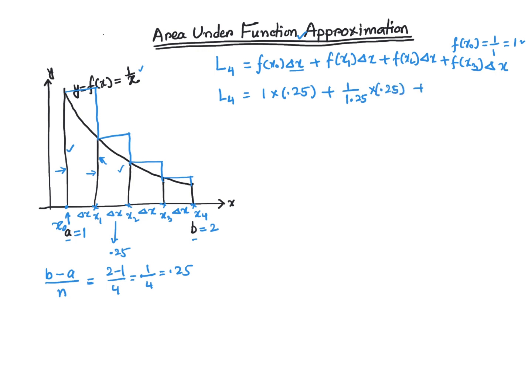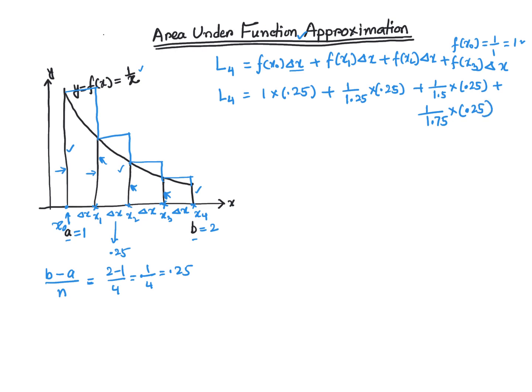For the next one, the left side of the rectangle is at 1.5, so it's going to be 1 over 1.5 times 0.25. And for the last rectangle, the left side is this one, and the x coordinate is 1.75, so it's going to be 1 over 1.75 times 0.25.